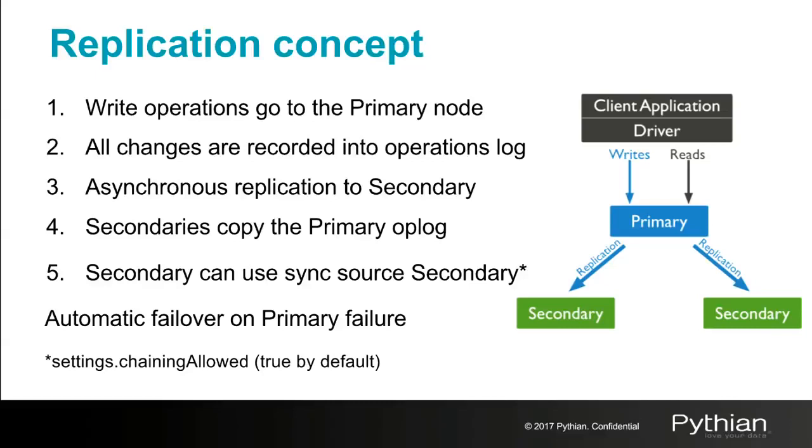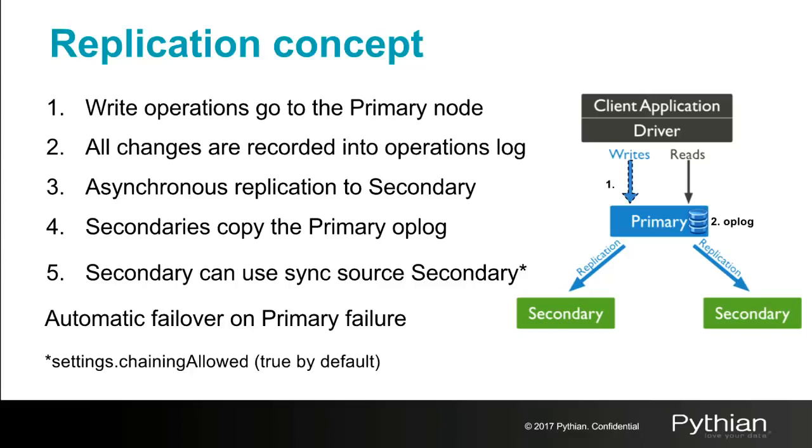With MongoDB, the replication goes in the following way. There is a client application that speaks to the driver that is connected to the replica set. Initially, all the write operations go to the primary node. The primary node stores all the changes to the data into a collection called operations log.